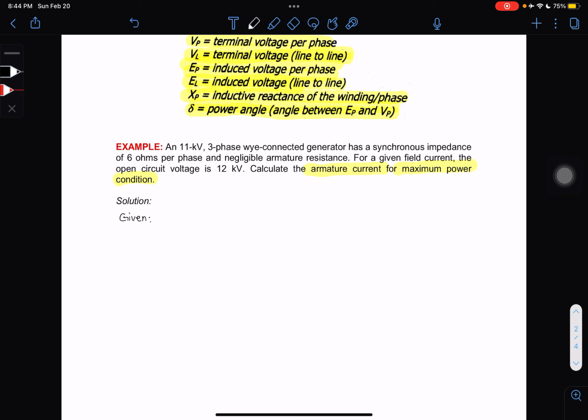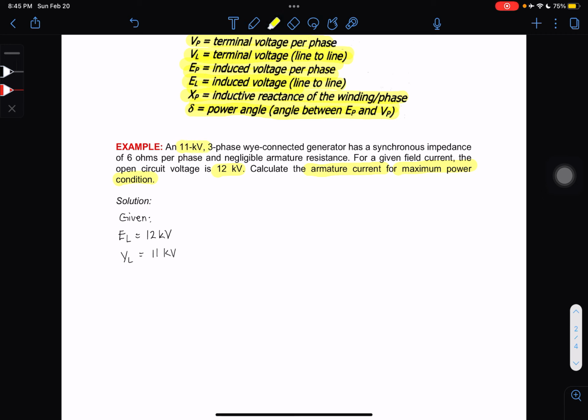It gave the open circuit voltage, so we have our EL, 12 kilovolts. And we have our VL, 11 kilovolts.